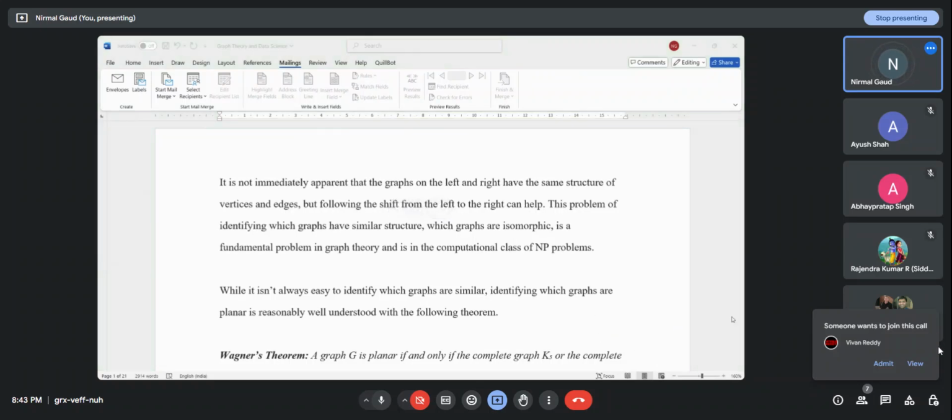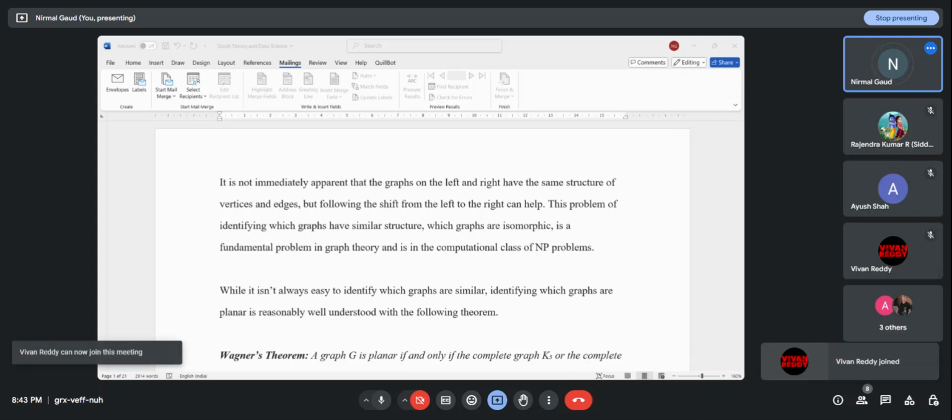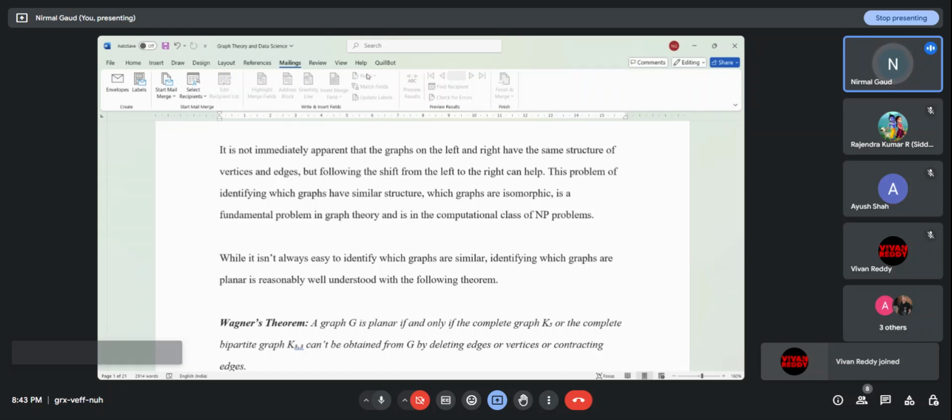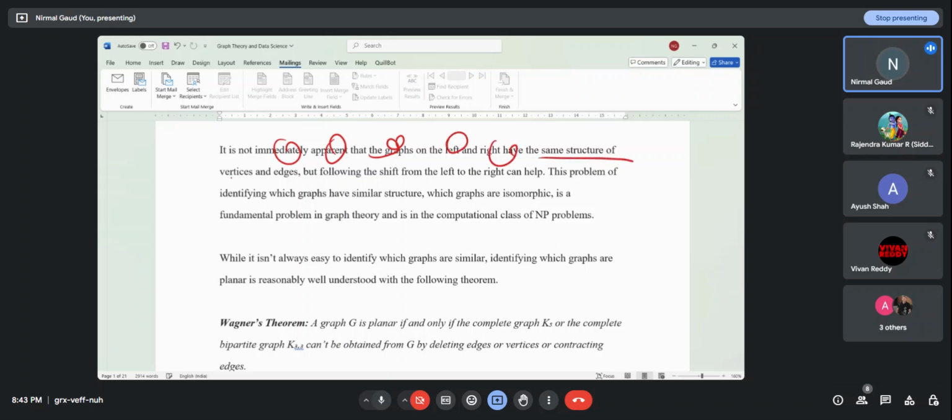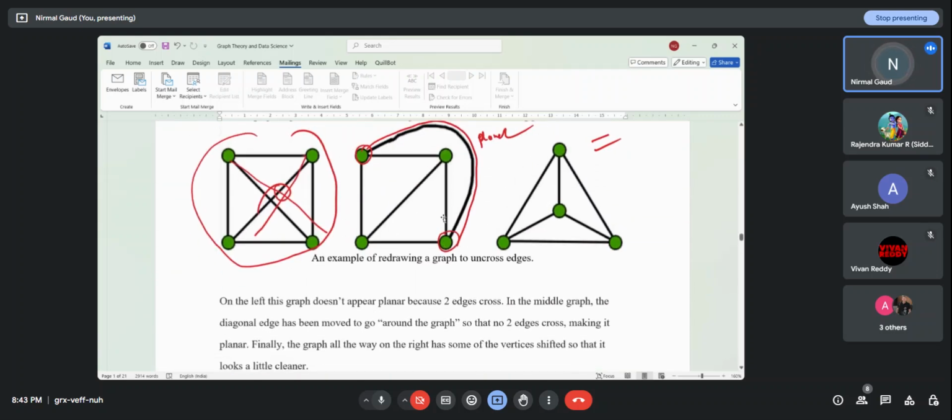It is not immediately apparent that the graphs on the left and the right have the same structure. That is also one of the questions.